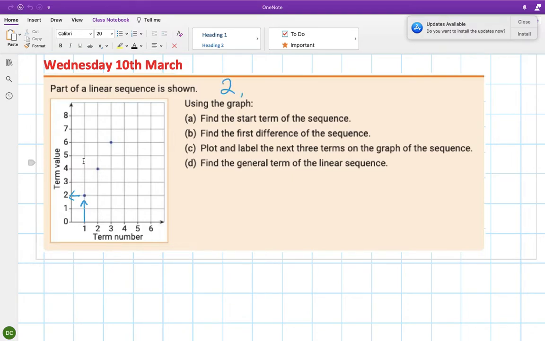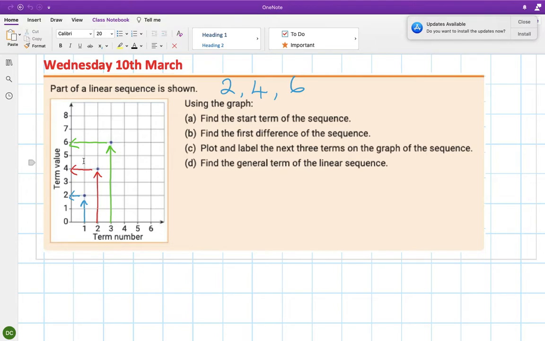The second term of the sequence is that dot there, and that dot there is 4. The third term of the sequence is represented by that dot, and that dot is in line with the 6. So 2, 4, 6 is our sequence.